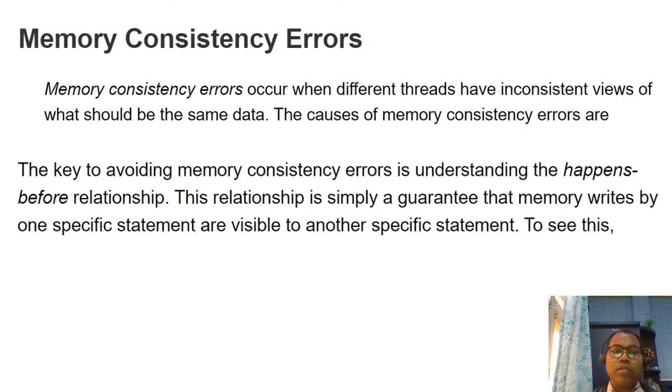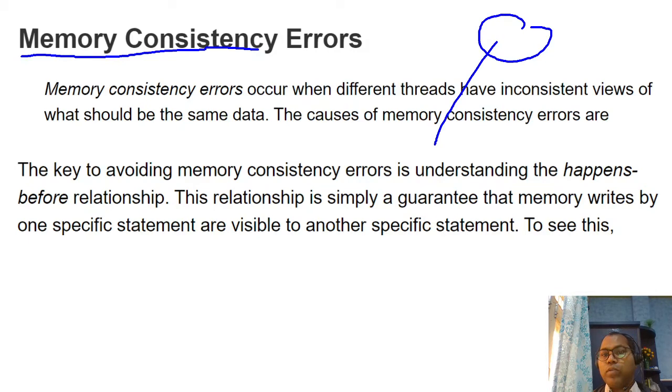The second problem is memory consistency. Whenever you share a common resource between multiple threads, it might happen that the data written in memory is not consistent. Thread A expects that if I write A, I should retrieve A, but I am reading B or C, because different threads might have changed the value.